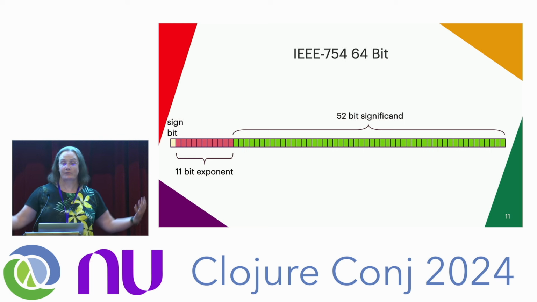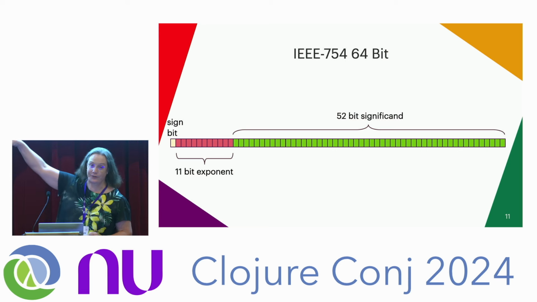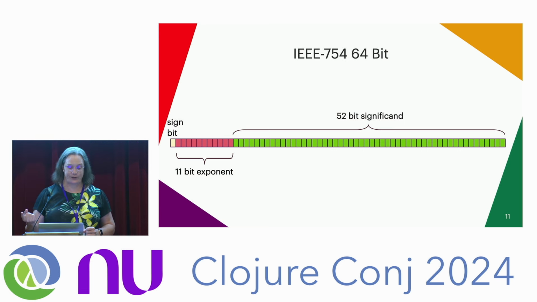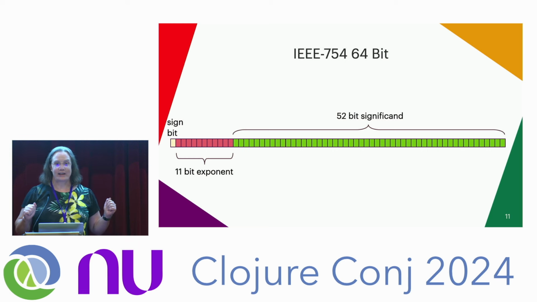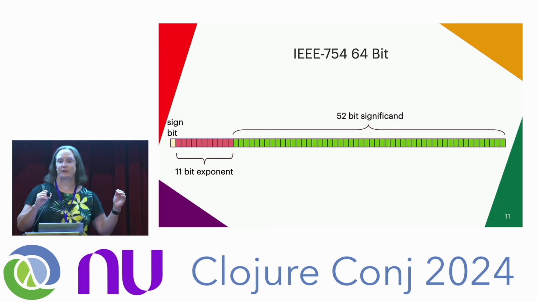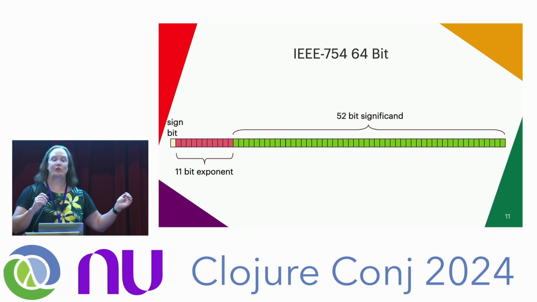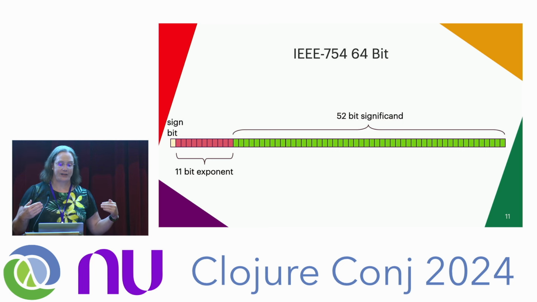So the general structure, 64 bits. We have a sign bit up on the far left, 0 for positive, 1 for negative. We have an 11-bit exponential. That number is actually biased. So if you see 0, that has a special meaning. If you see 1 in there, that is the smallest exponential you can get, and it indicates negative 1022. And then it goes up monotonically as any binary number all the way up to 2046.